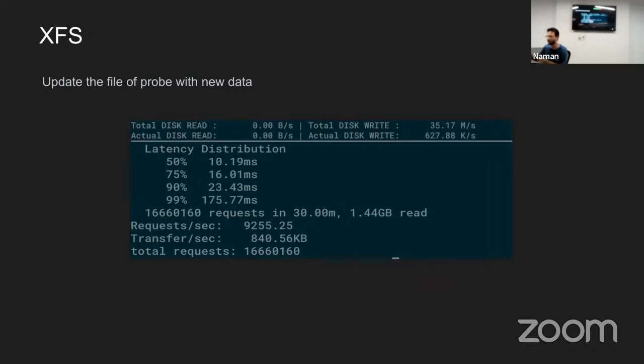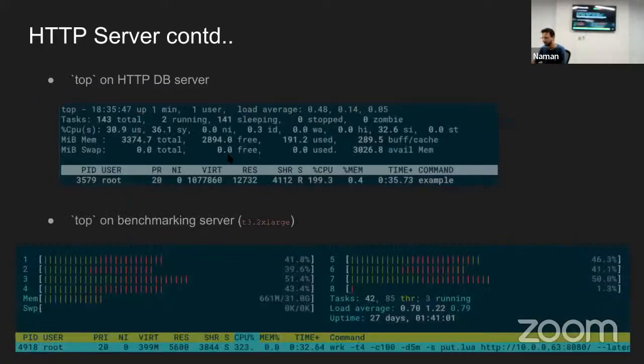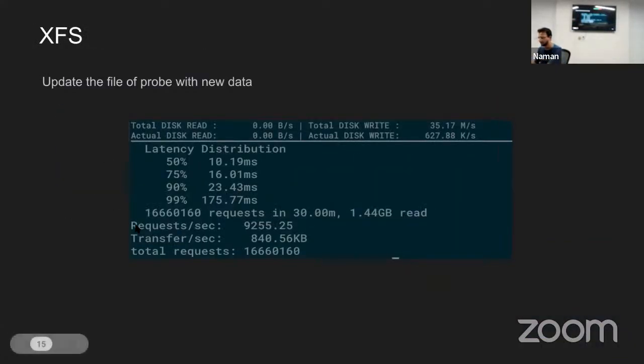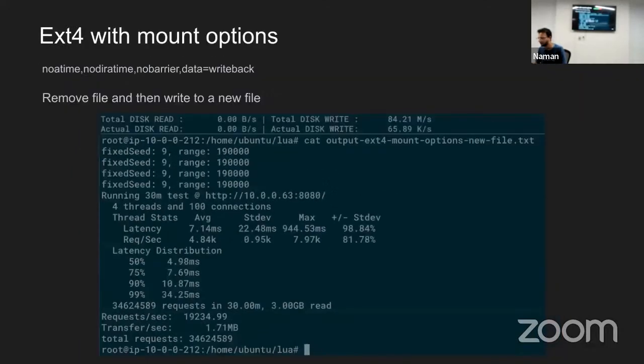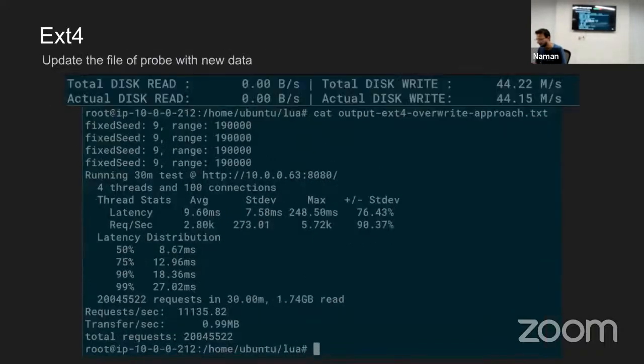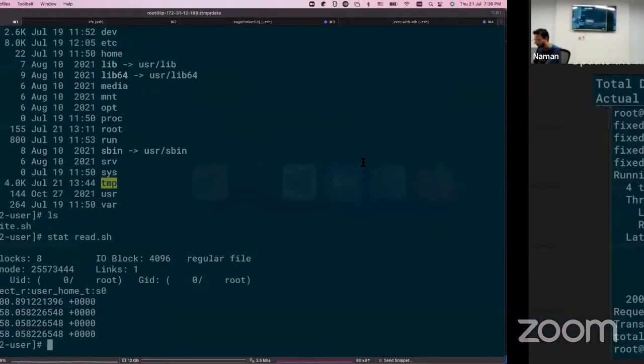So inodes are being updated as well as the blocks, and this is where XFS struggles, but ext4 doesn't. And why does that happen? It's because of their implementation. But this is something that we usually do not know, and while choosing a file system we do not keep it in mind. So hence ext4 worked really well. And then there's something interesting.